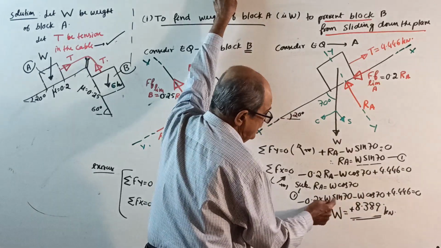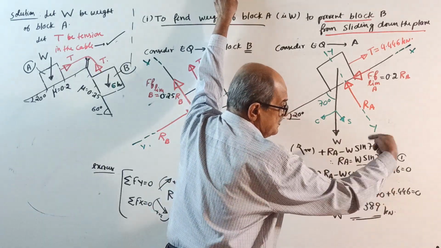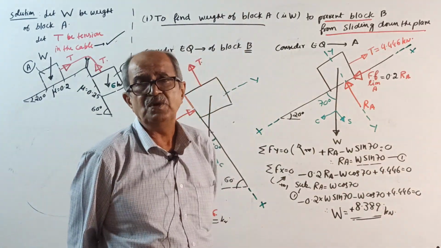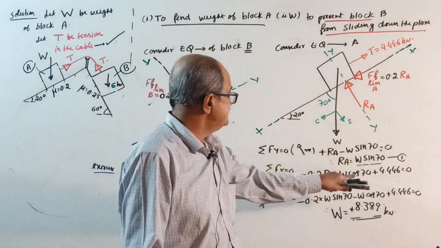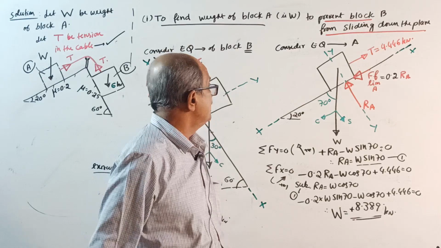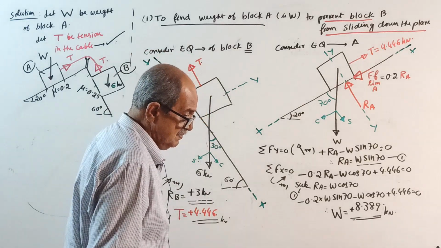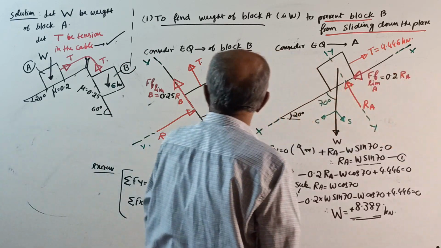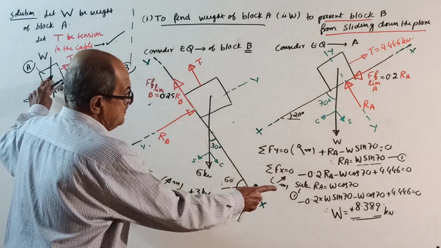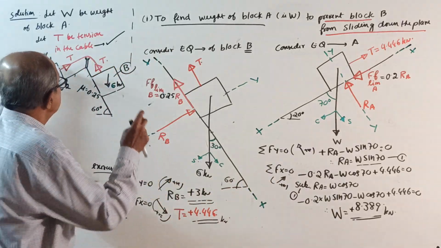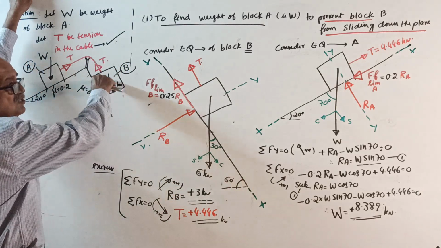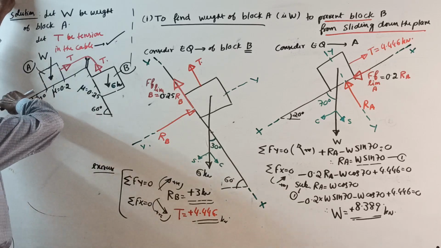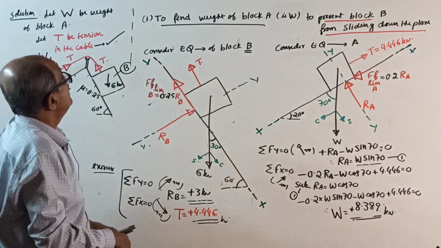W you take outside, calculate this value, take to other side, simplify, W will come 8.389 kilonewton. That means, if the weight of block A is 8.389 kilonewtons, block B is on the verge of sliding down and block A at that time is on the verge of going up. Over. Now, second question.